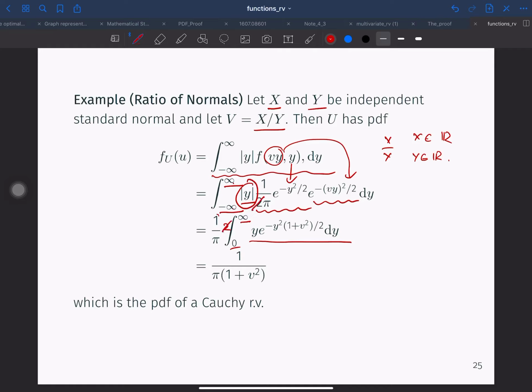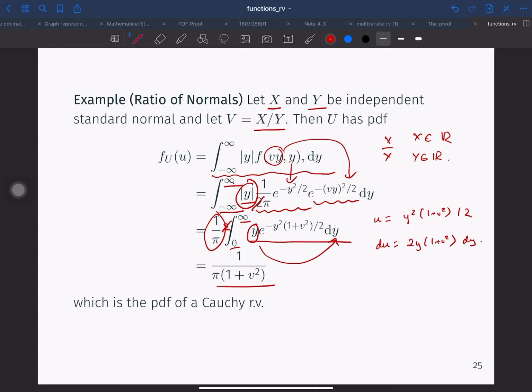So I have 1 over pi. And this is a simple integral, because you can now do very simply. You can just do u equals y squared (1 plus v squared) divided by 2, in which case du is nothing more than y(1 plus v squared) dy. So therefore, I have y dy, so just need to divide by 1 plus v squared.